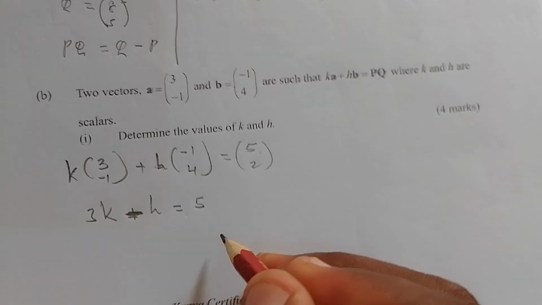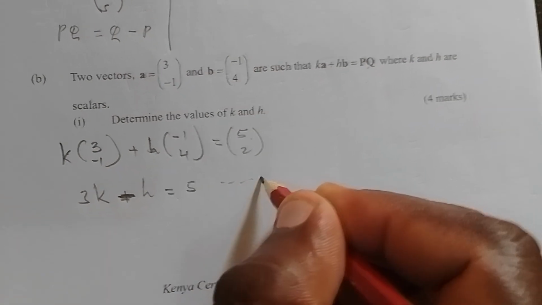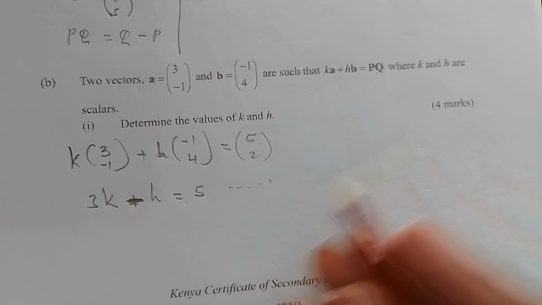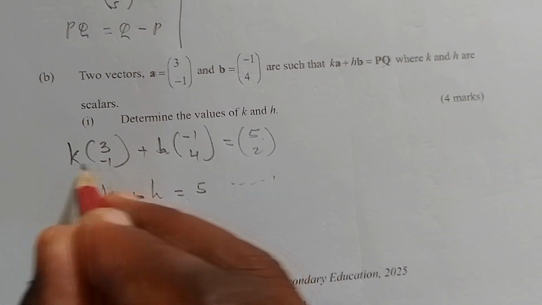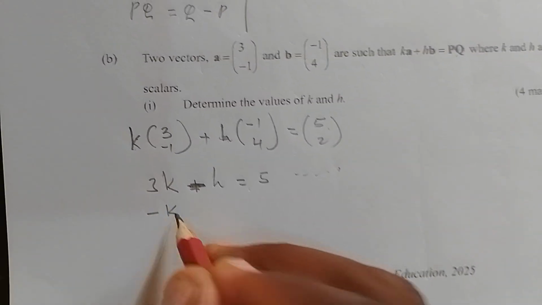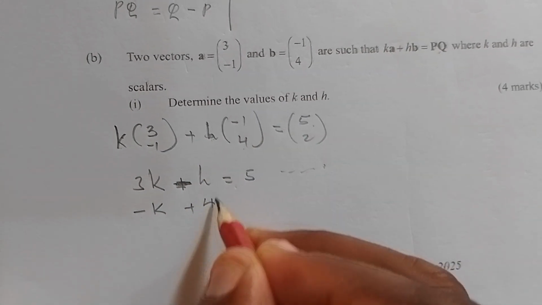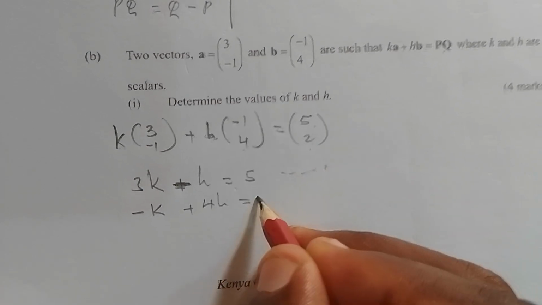That is equation 1. And then the second one, K times minus 1 will be minus K, plus H times 4 is 4H, equal to positive 2.